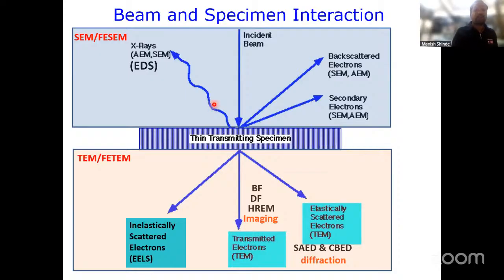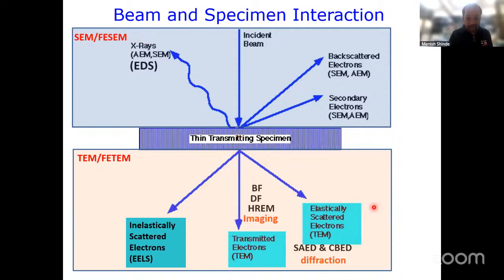Now, based on whether you are capturing the signal on the reflected side or on the transmitted side, you get two kinds of microscopies. When you capture the signals, the electrons and X-rays, from the reflected side, then the microscopy technique is called scanning electron microscopy or field emission scanning electron microscopy, SEM or FESEM.